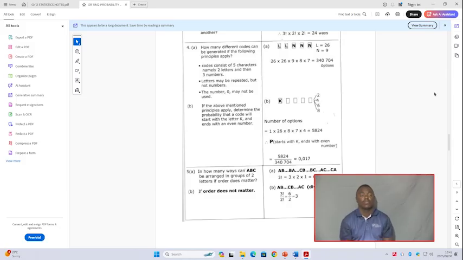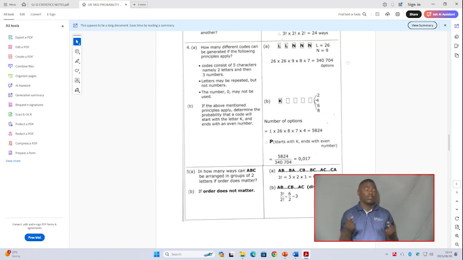How many codes can I generate? Now, there are 26 letters in the alphabet, and it's 2 letters. So here we can say it is 26 for the first letter, and it can be repeated, so we can say there's 26 letters for the second one. Is that clear? Right. The numbers may not be repeated.